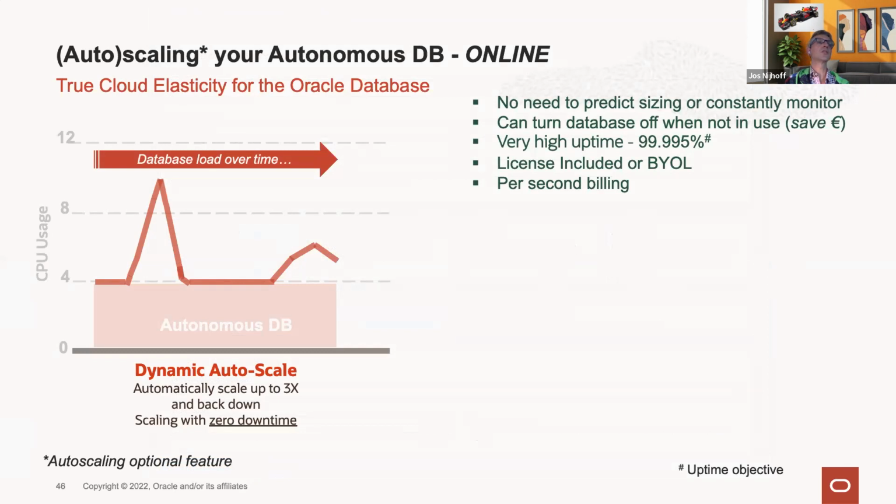It will notice by itself when the load increases and you need more OCPU, and you can scale up to 3 times the original size. So if you started with 2 OCPUs, it can automatically scale to 6. And when it gets quieter and the load is over, it will scale down again.